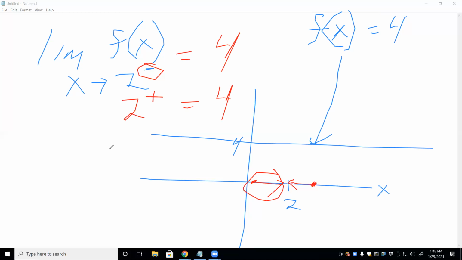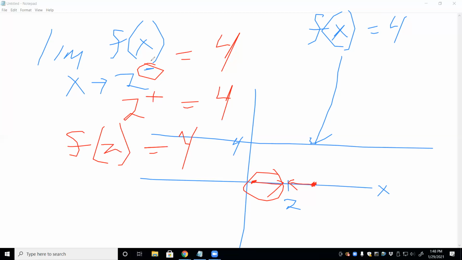And if we can prove that f of 2 is 4, then that will mean that function is continuous at x equals 2. That is the definition of continuity. For it to be a true statement, all three of these things have to be true.